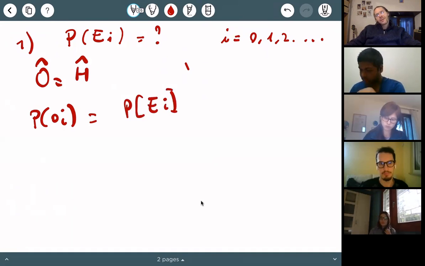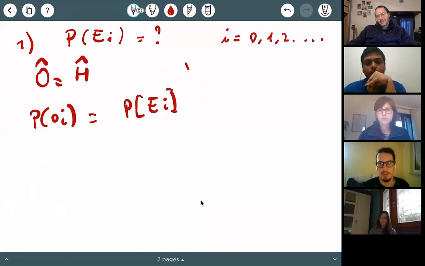So first of all, for this discussion, it appears that the possible outcomes of an experiment are the energies of what Hamiltonian? The Hamiltonian of the quantum harmonic oscillator.